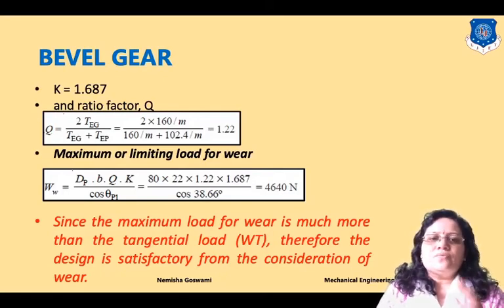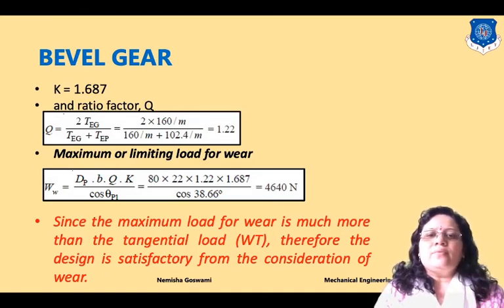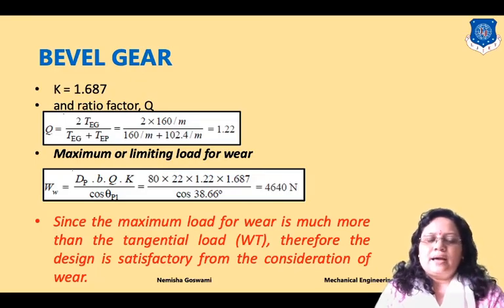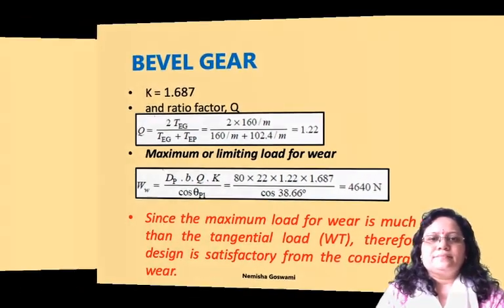So obviously, 4640 Newton is greater than 597 Newton. It means all the parameters we have considered and calculated satisfy our design. So wear load is more than your tangential load, so your design is safe. So this is the last condition.